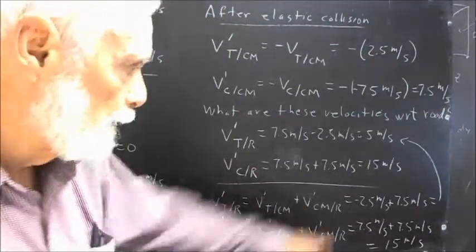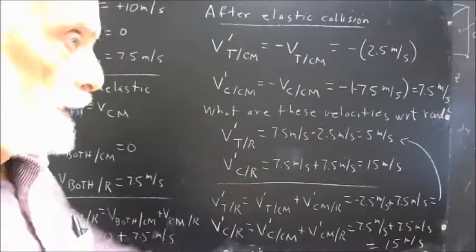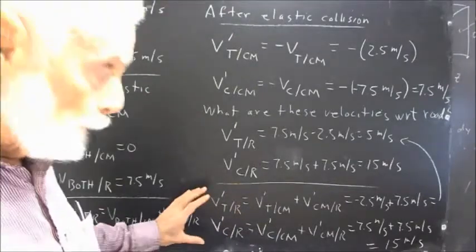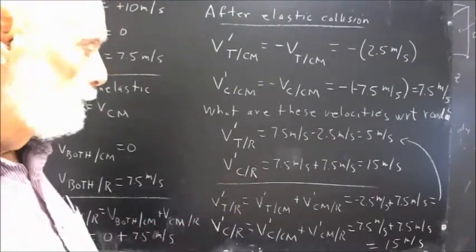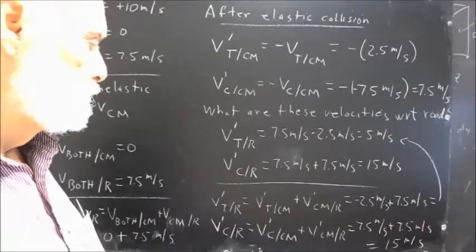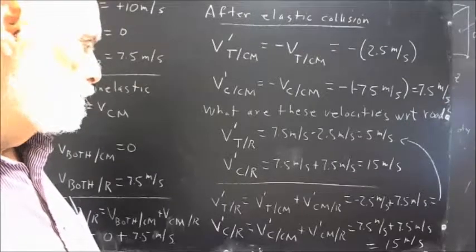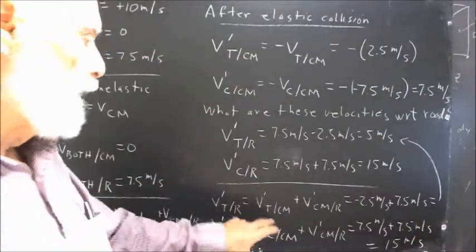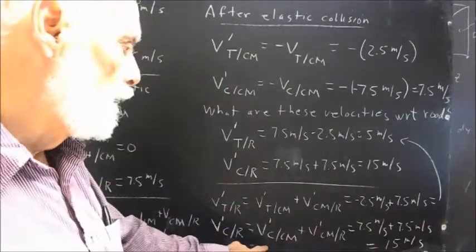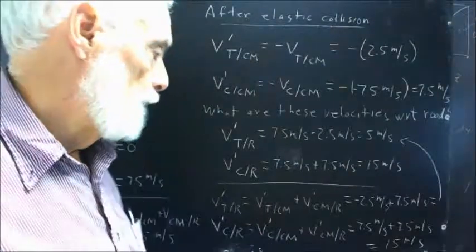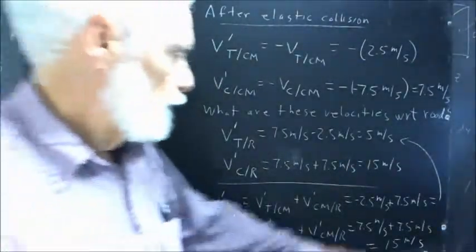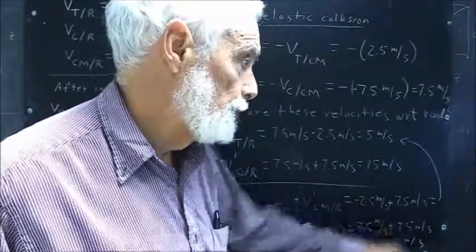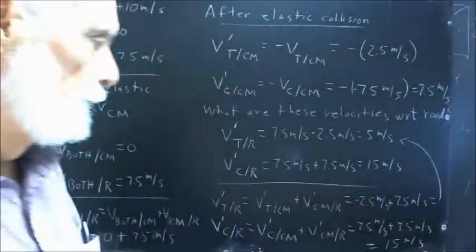We can go to the subscripts, and we get the same thing. I'm not going to read this to you. It should be clear. And in both cases, we're simply adding the velocity of the truck or the car to the velocity of the center of mass. So that velocity of center mass is 7.5 meters per second in both cases.